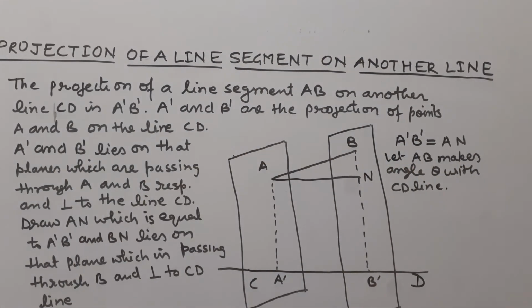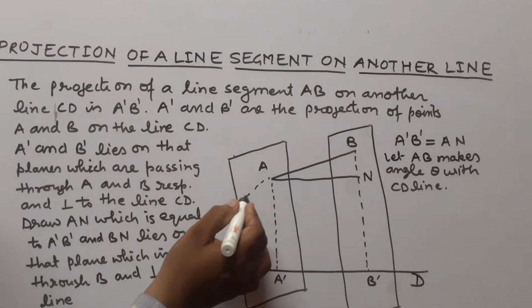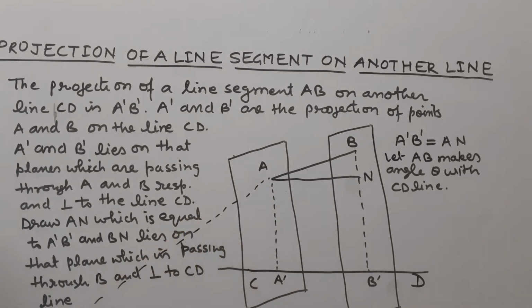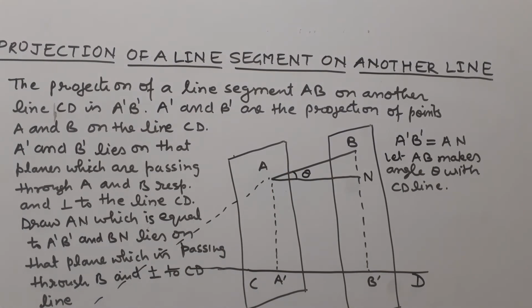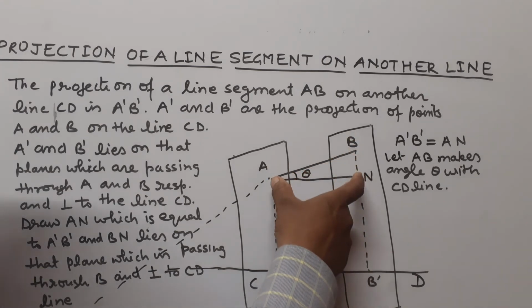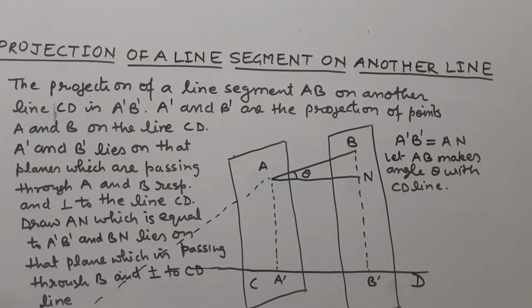You can see here, suppose this is the AB line and this is the CD line. Suppose this angle is theta, so this is also theta, because these are corresponding angles. So AB makes angle theta with CD line, so AB makes angle theta with AN.